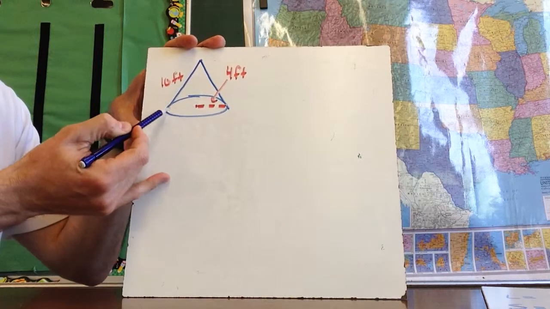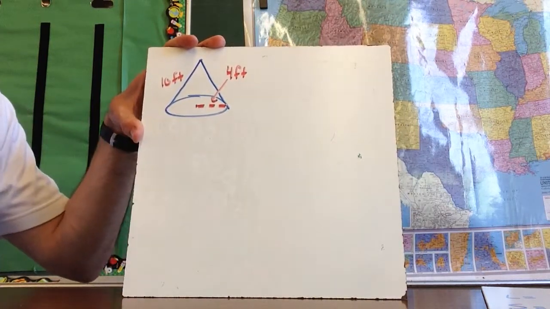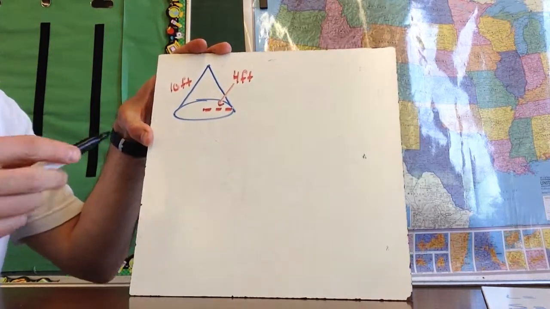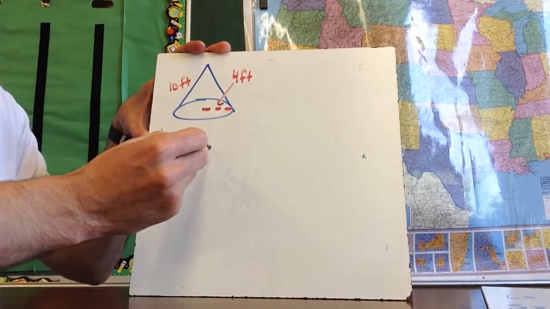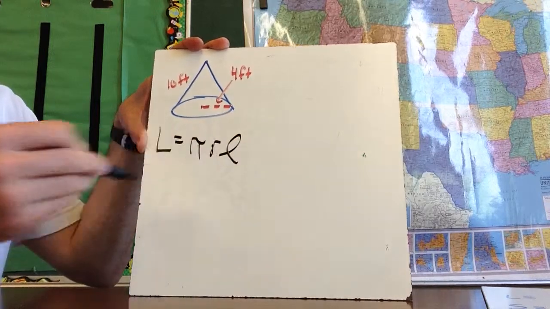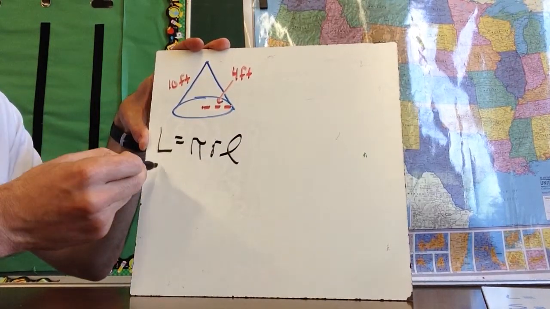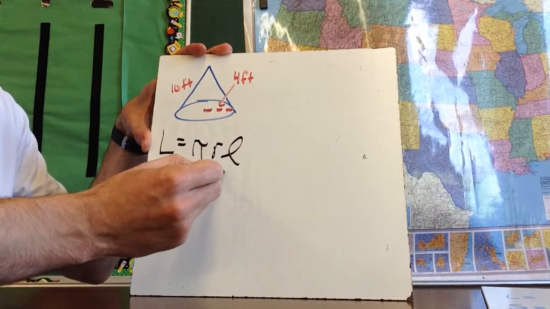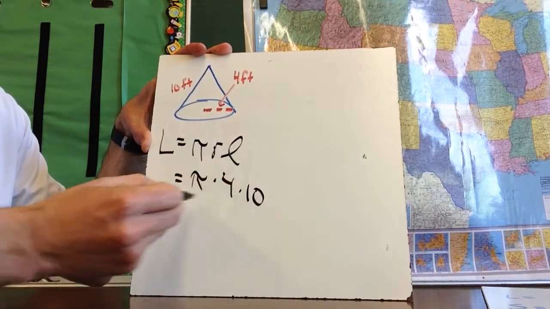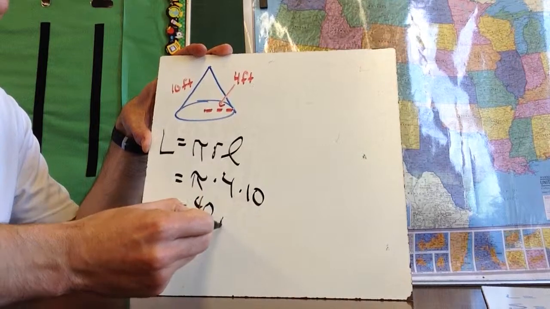Remember, sometimes they'll give you the full diameter, in which case you need to find the radius. But in this problem, they gave us just the radius. I need to find the lateral area, which is pi times the radius times the slant length. So this is pi times 4 times 10, which is 40 pi.